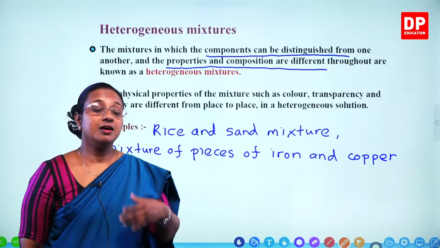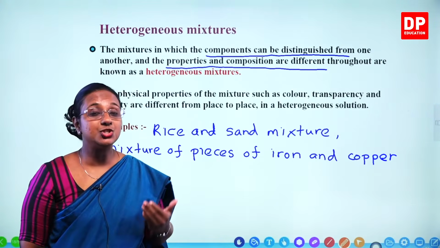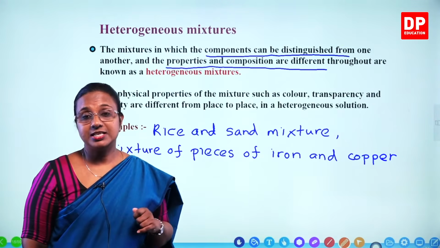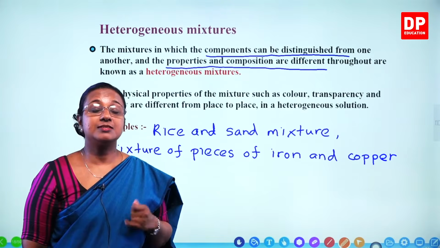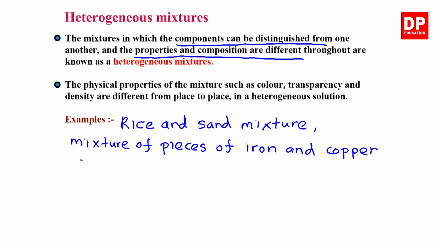So there you will see the distribution of the components is not uniform throughout the mixture. Therefore it is a heterogeneous mixture. So here, calcium hydroxide dissolved in water.